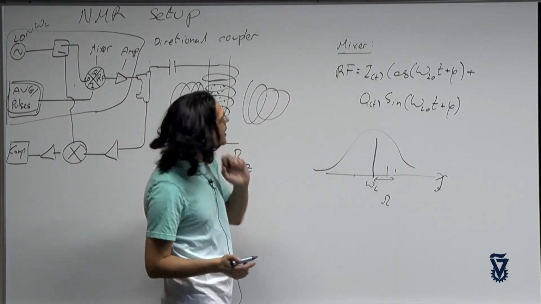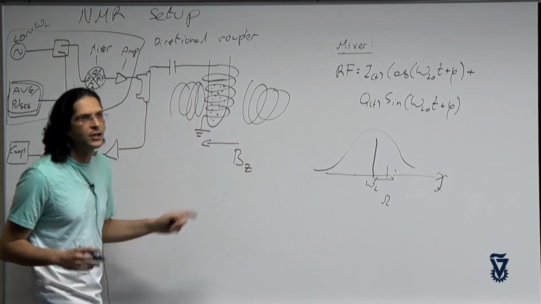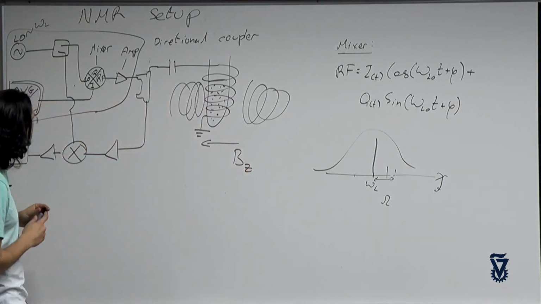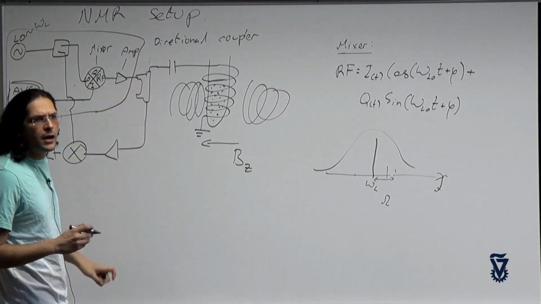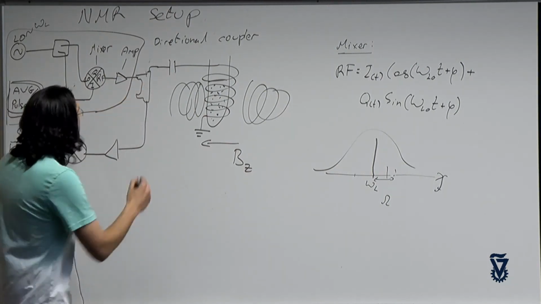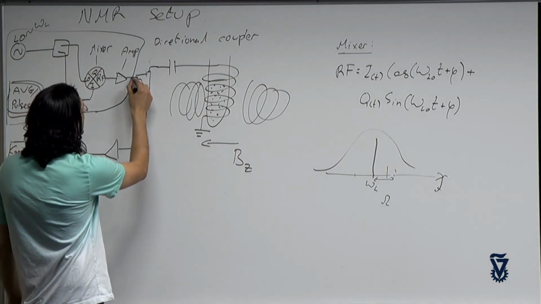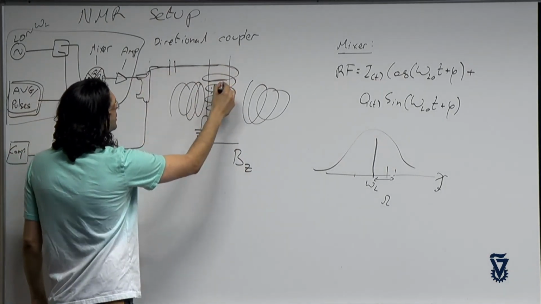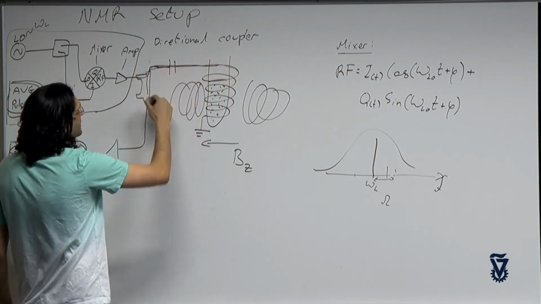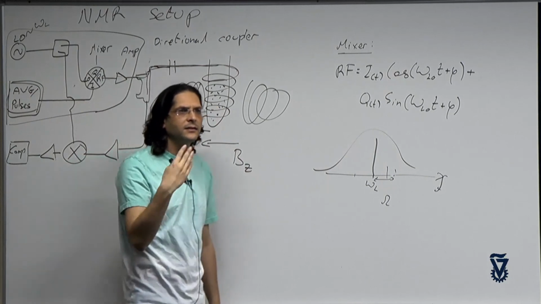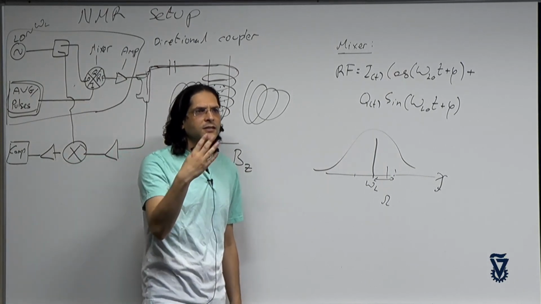Oh, we're kind of out of time, so let me just quickly finish and I'll recap at the beginning of the next lesson. This thing goes into this coupler. I'll explain next lesson what happens, but the idea is that you want the energy to go into this coil, then you want the signal to be reflected. This coil also acts basically as an oscillator.